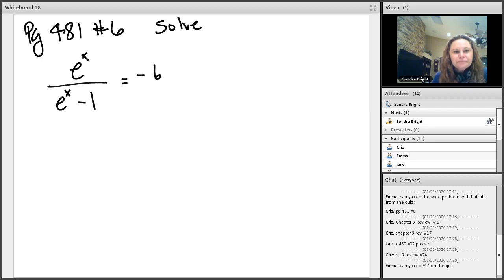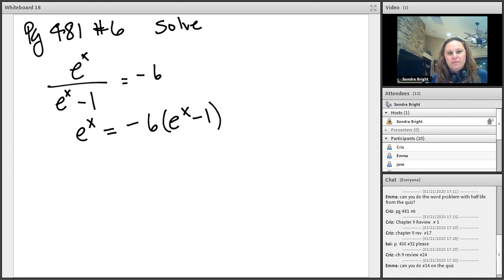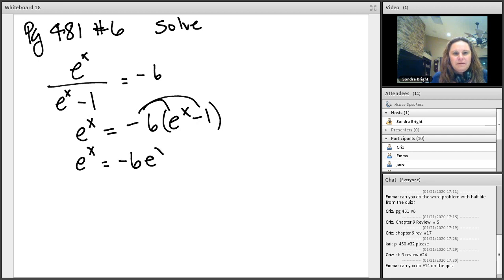All right, so what I would do is multiply both sides by e to the x. So you'll have e to the x is equal to -6 times e to the x minus 1, just by getting rid of the denominator. I'm going to distribute this -6 into both of those terms. That's a +6. Combine like terms.